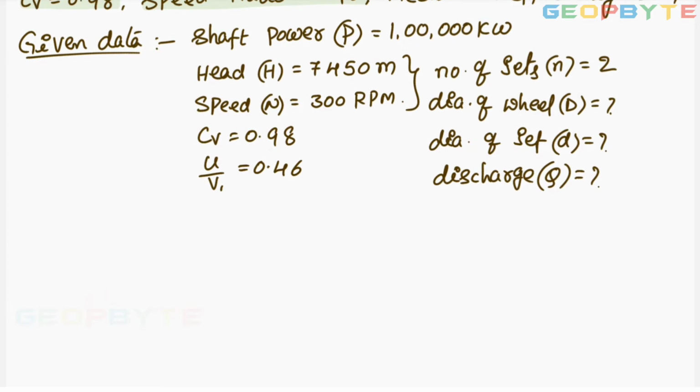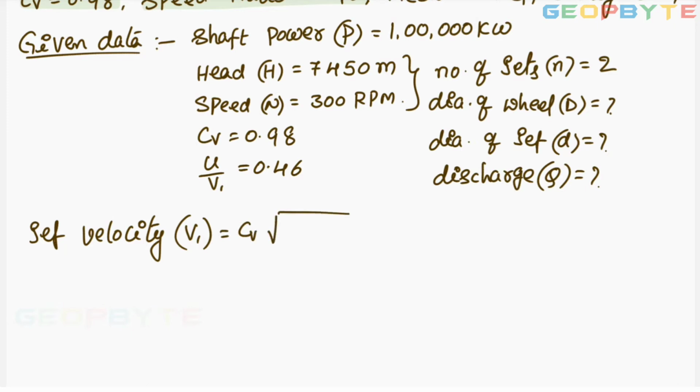First let us find the jet velocity. Inlet velocity of the jet, denoted by V1, is equal to Cv into root 2gH.